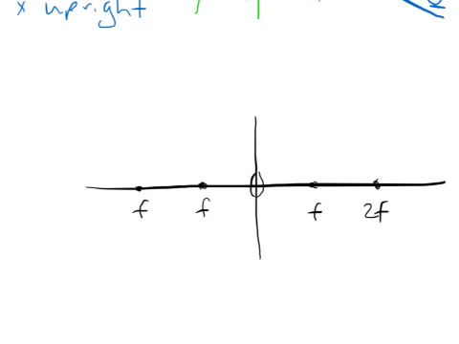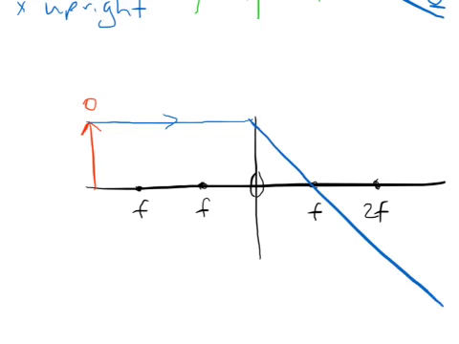Okay, and we will draw with our object outside of 2F. And remember, these are a converging lens, so we would expect that the light rays will converge to a point as they come from parallel. So let's draw our parallel light ray, and it's going to refract through the focal point.